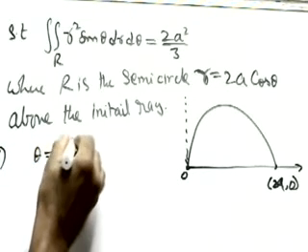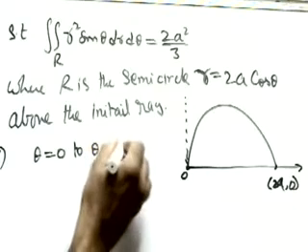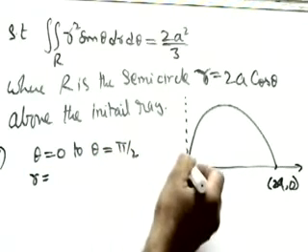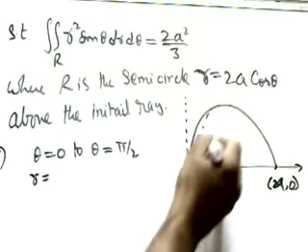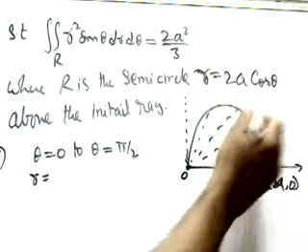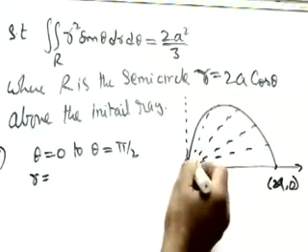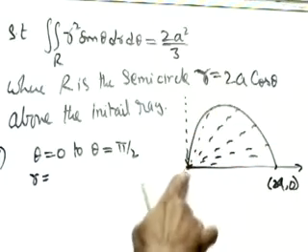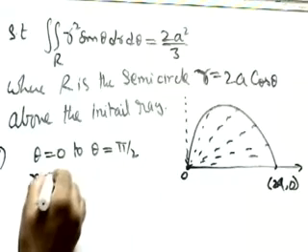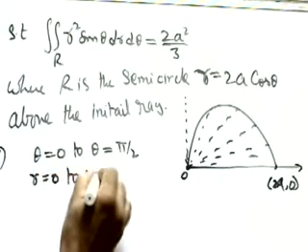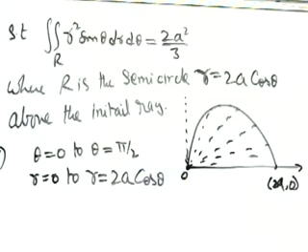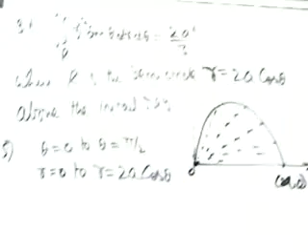So for the question, first let me write the angles. Theta equals 0 to theta equals 90 degrees, which means pi by 2. Now let me take r. R is the distance of the point from the pole to the circle. So r equals 0 to r equals, what's the circle here? 2a cos theta. These are the limits.